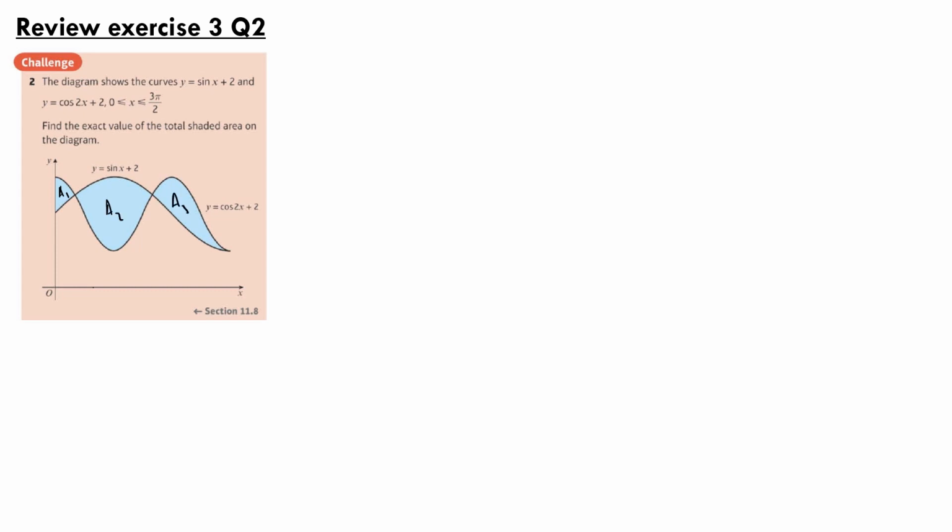So to start off with, we need to find the points where these curves intersect, so we can find our bounds for the integrals. So to find these points of intersection, we need to set these 2 curves equal to each other. So sine of x plus 2 is equal to cos of 2x plus 2. And we can use the double angle identity for cos of 2x.